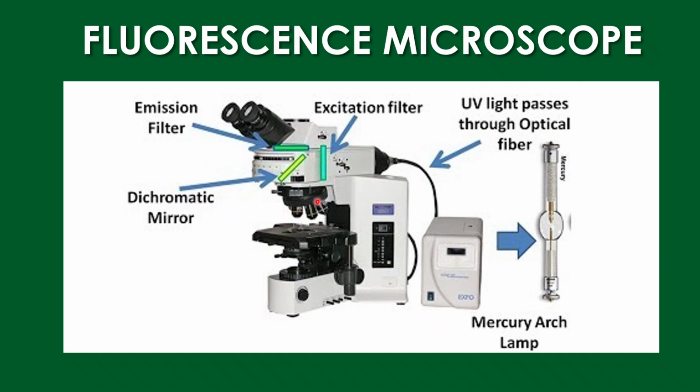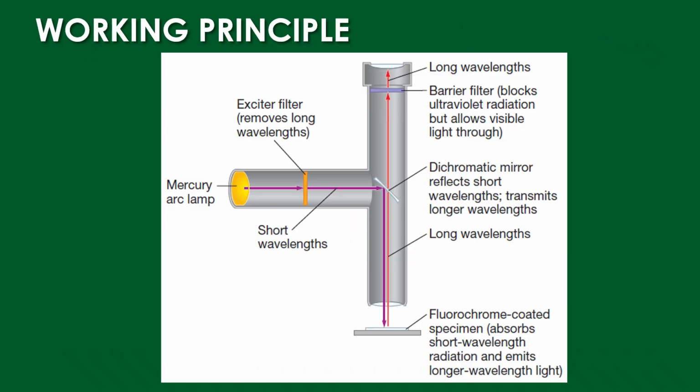And the fifth one is the dichromatic mirror, which plays a major role in this fluorescence microscope. The next part is the emission filter, which is also called the barrier filter. And this is the eyepiece. These are all the common parts of the fluorescence microscope.